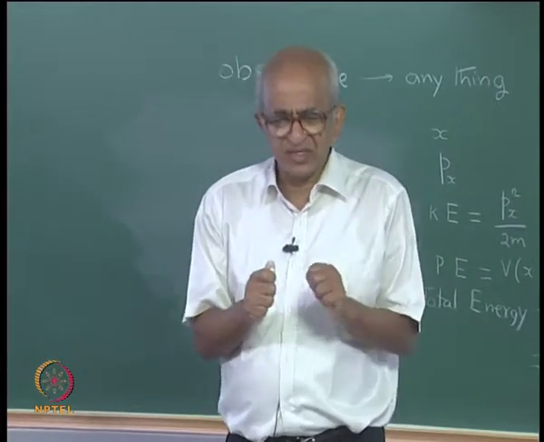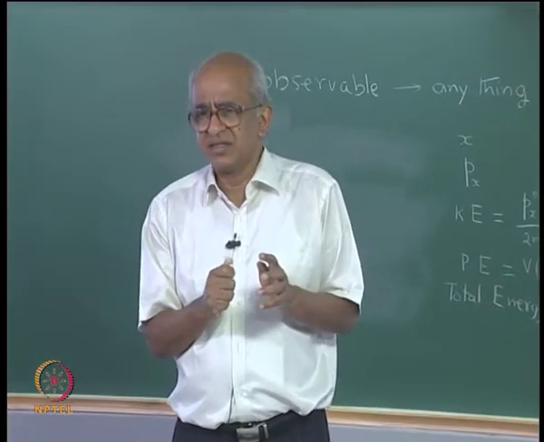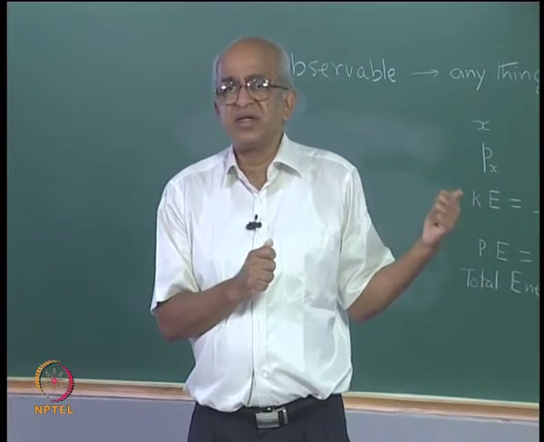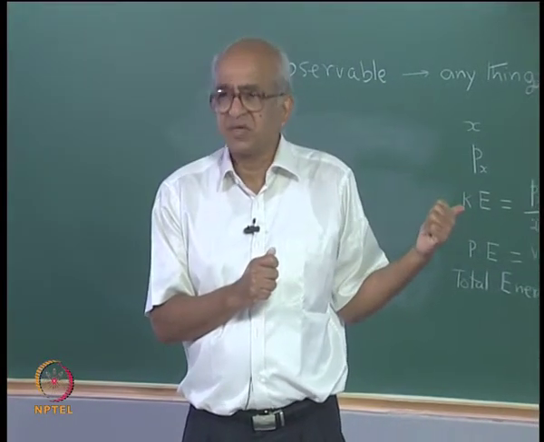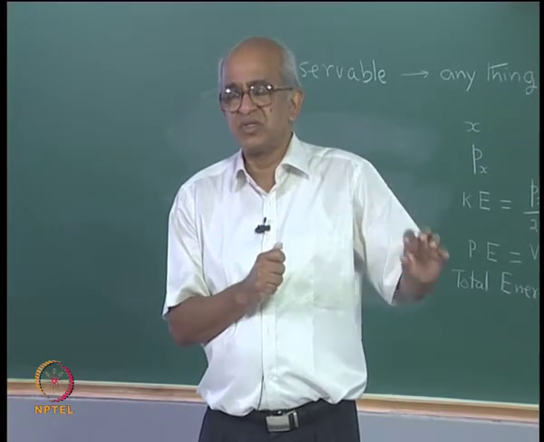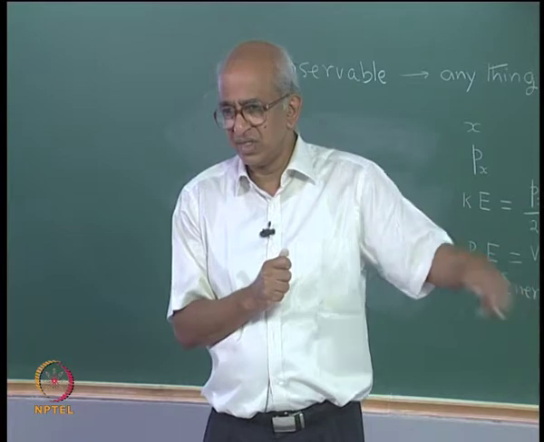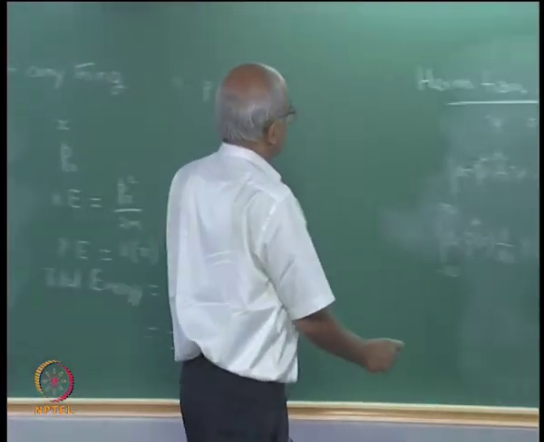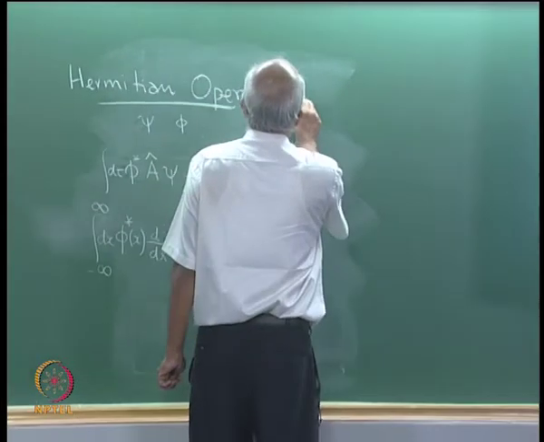Now, this definition actually sounds a little bit abstract, and there is a reason why operators that occur in quantum mechanics have to be Hermitian. The reason is that the eigenvalues of Hermitian operators, we will come to eigenvalues in the next postulate, are guaranteed to be real. That is a special property of Hermitian operators.